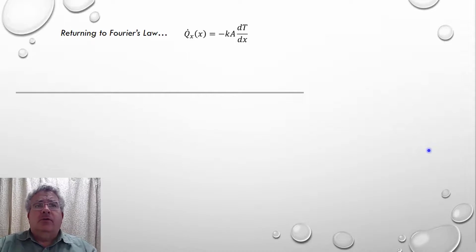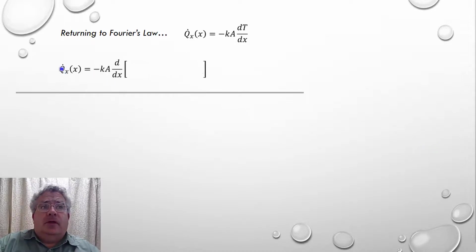Now if we return to Fourier's law, it says the heat rate is equal to minus kA dT/dx. The temperature for this particular solution is what just appeared in those brackets.